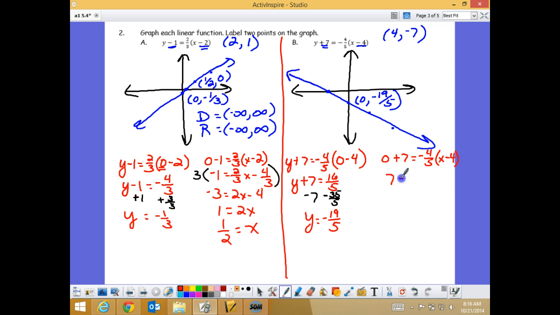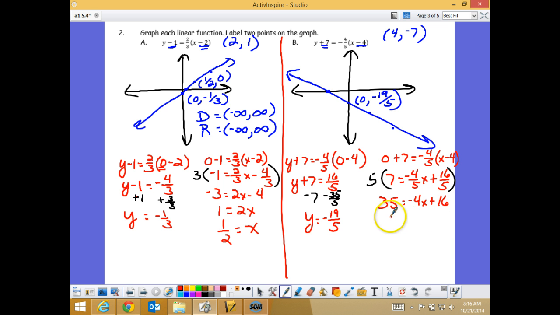So doing the arithmetic, you can distribute the -4/5. And again, if you want to get rid of those fractions, you can multiply everything in this equation by 5. So we have 35 is equal to -4x plus 16.